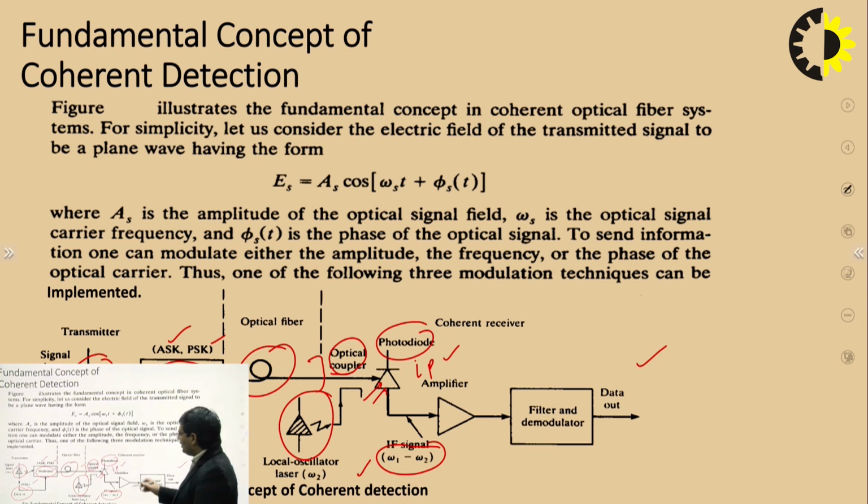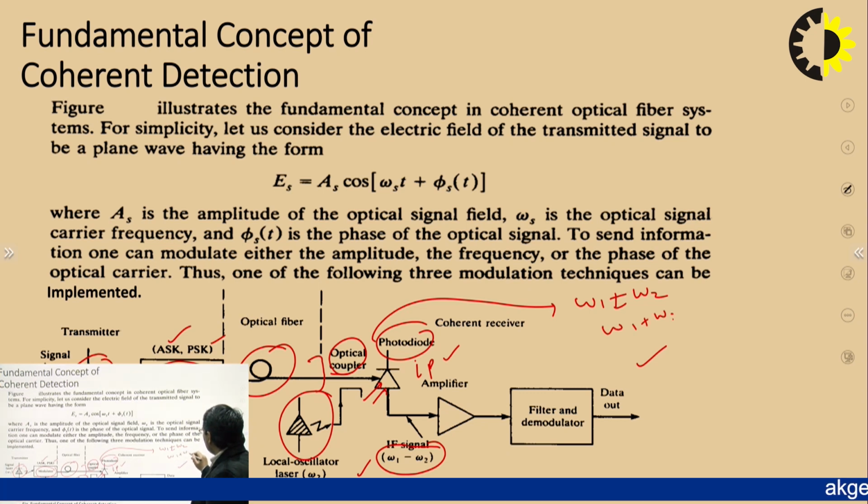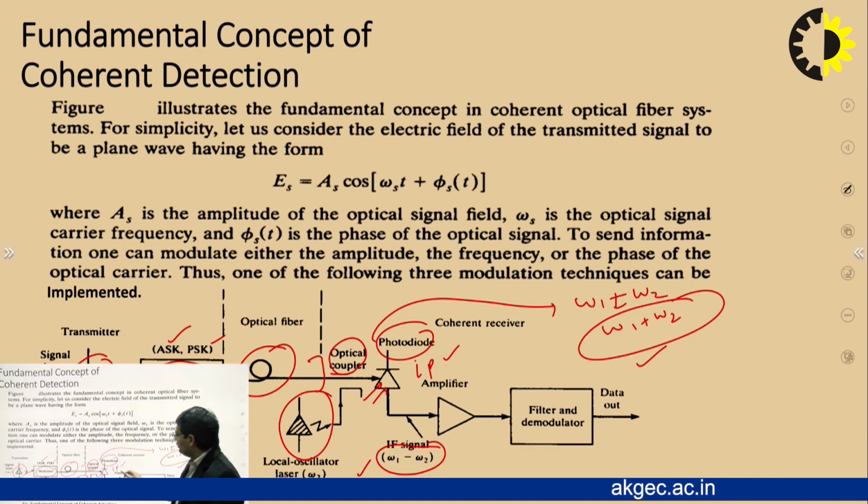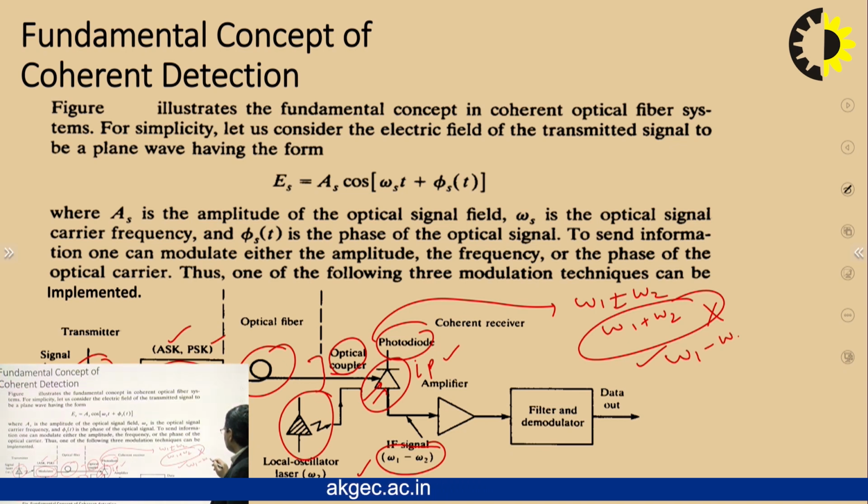Actually, after coupling, we can get the signals W1 plus or minus W2. But if we consider W1 plus W2, the operating frequency range or the bandwidth will be more than the handling capability of the photodiode or photodetector. That's why we reject this case and apply only W1 minus W2.